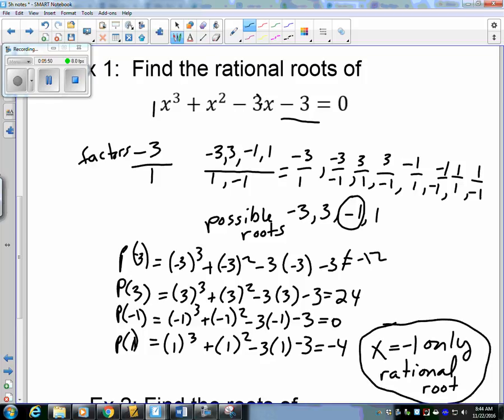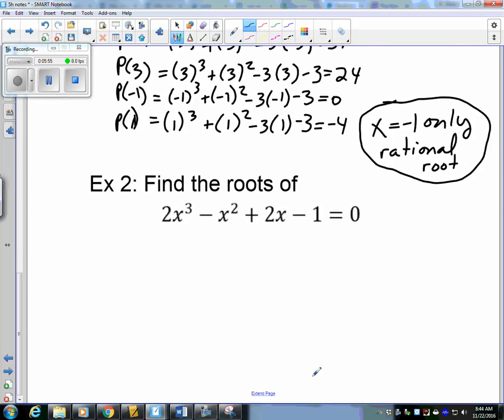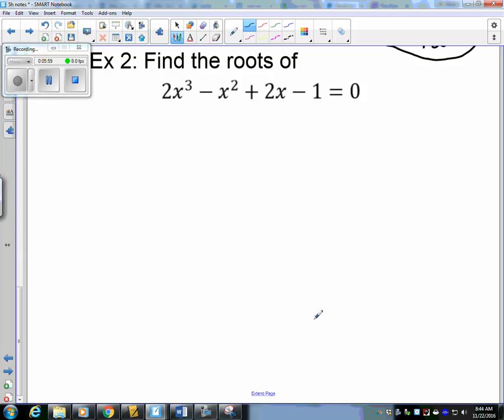So moving on, we're going to find the roots of 2x^3 - x^2 + 2x - 1. So we find the possible roots, the constant term, divided by the leading coefficient, and all the factors. So all the factors of -1 are 1 and -1.